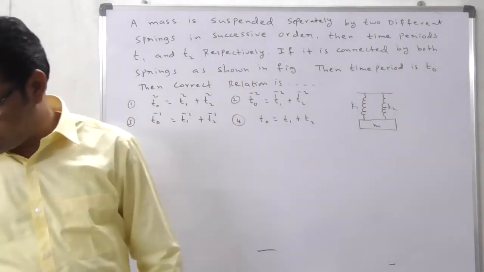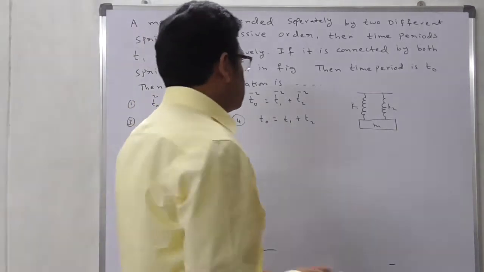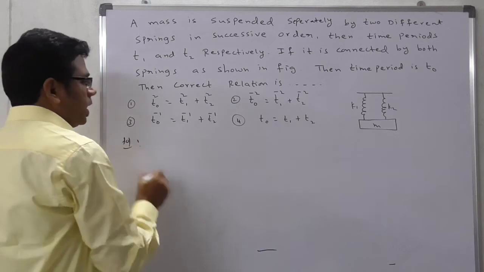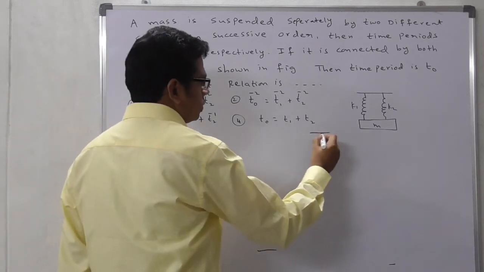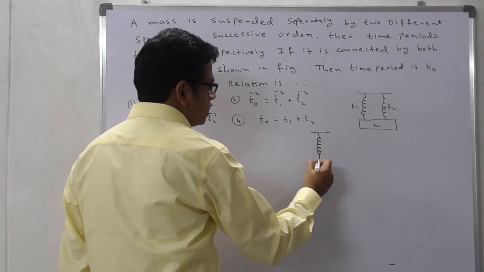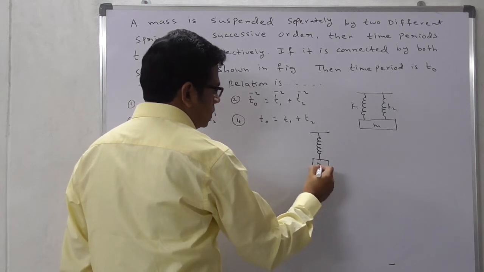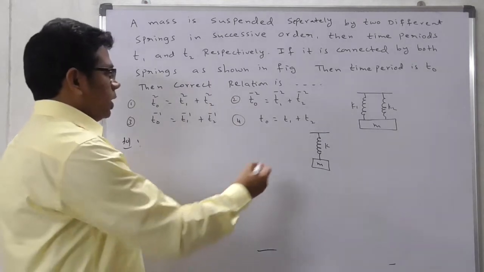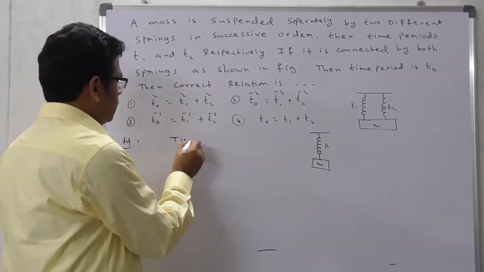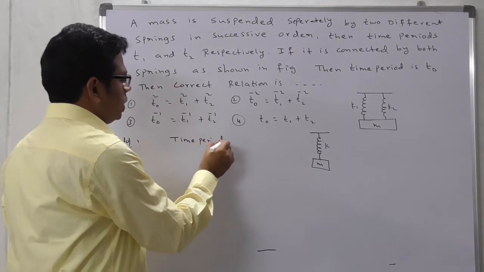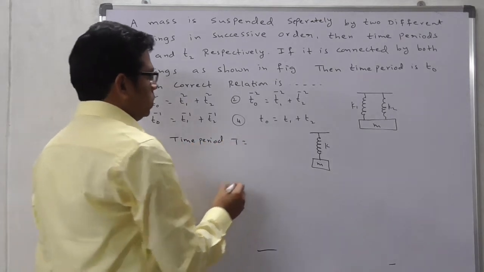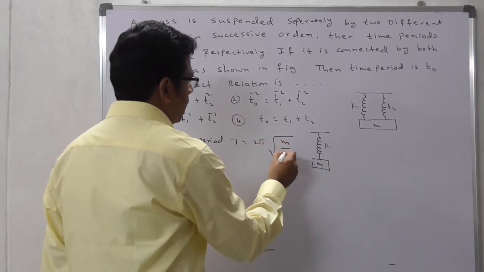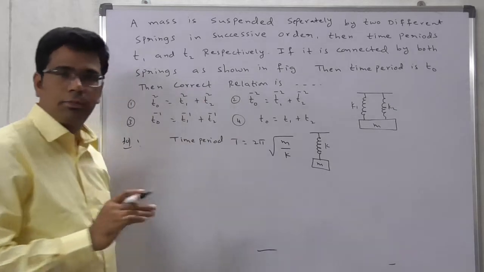So how to approach the question? Clearly observe this. A mass connected by a spring, let the spring constant be K. Then we know that the time period T is equal to 2 pi under root m by K. Clear?